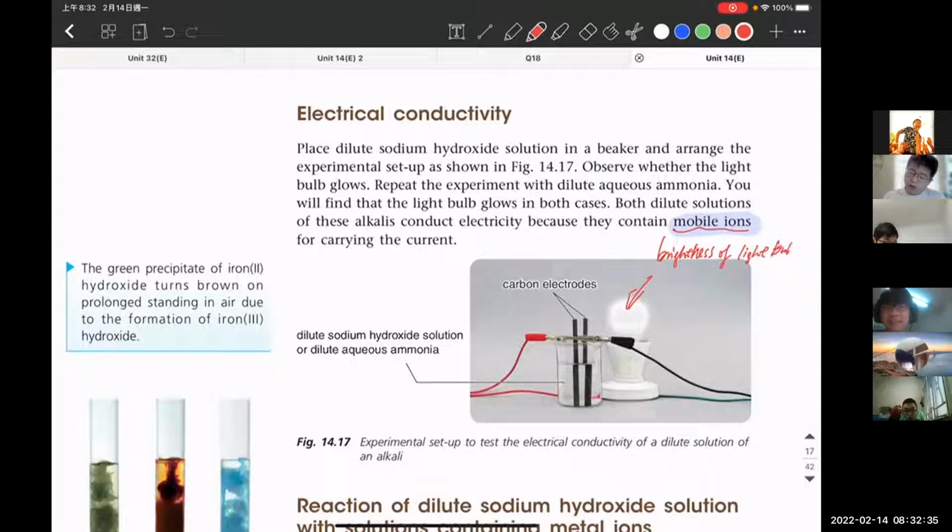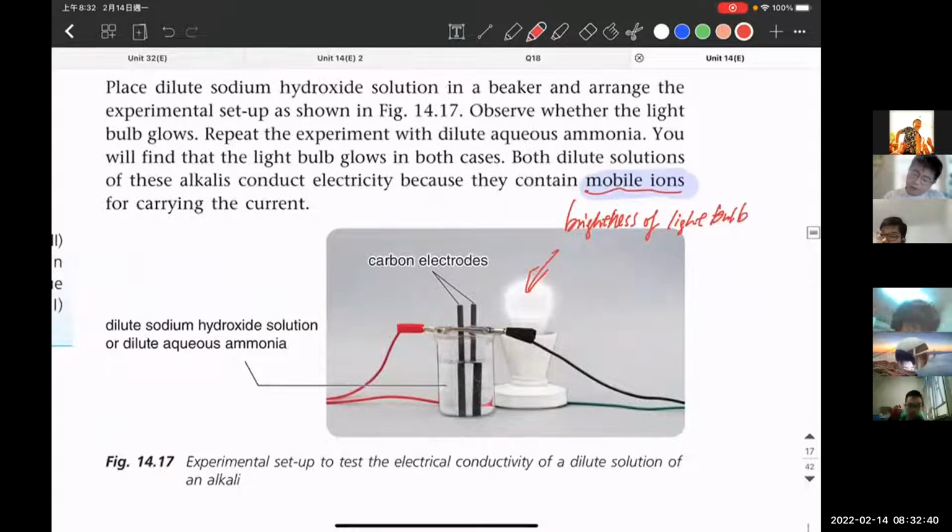Depend on what? Depend on the concentration. Please mark it down. So it depends on the concentration of mobile ion. The more concentrated the mobile ion, the brighter the light bulb will be.